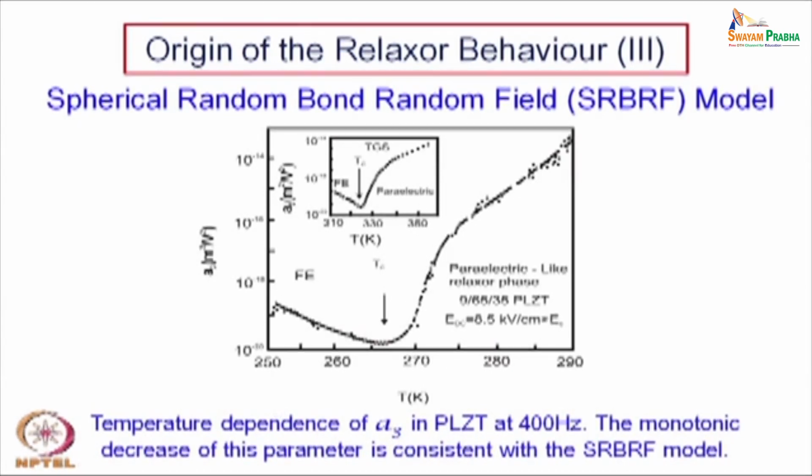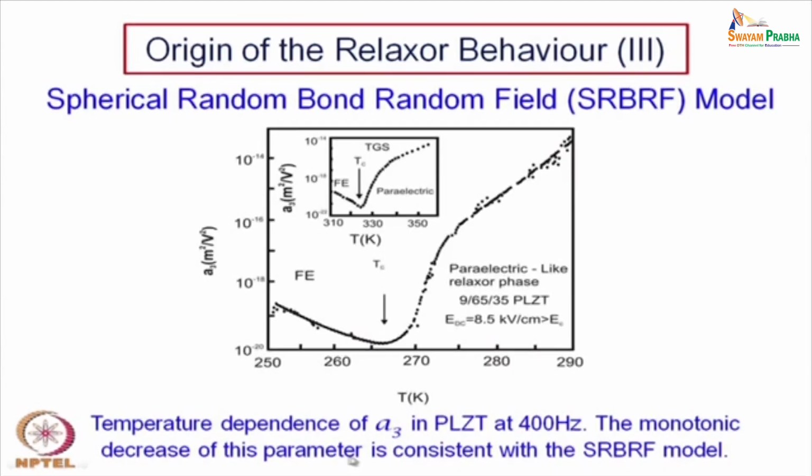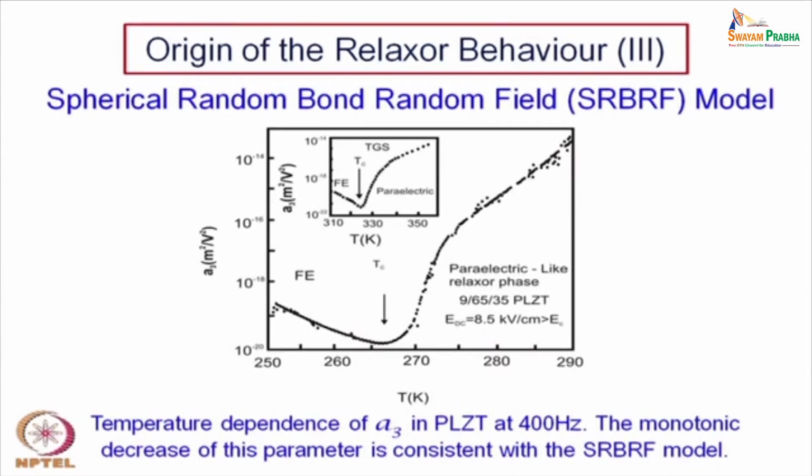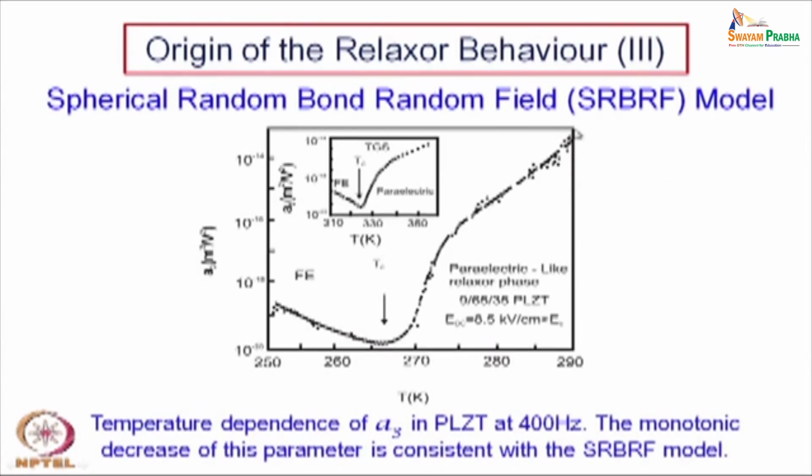relaxor ferroelectric structures, and here there are two examples. They have been determined from the optical parameters, the optical measurements, refractive index measurements, and one can see the A3 parameter changes monotonically as a function of temperature.